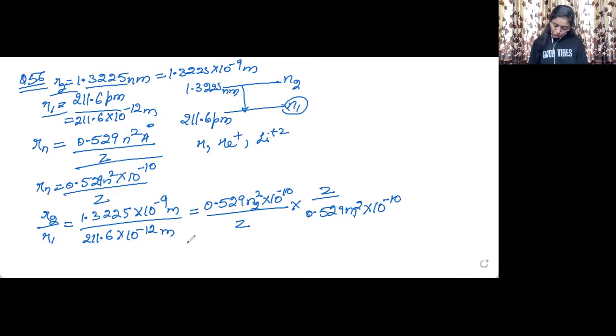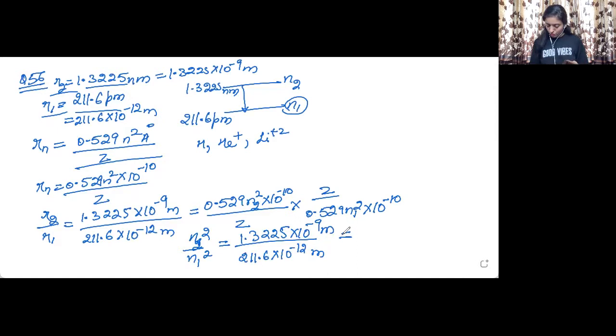So we will be left with n2 square upon n1 square equal to 1.3225 into 10 raised to the power minus 9 meter upon 211.6 into 10 raised to the power minus 12 meter.